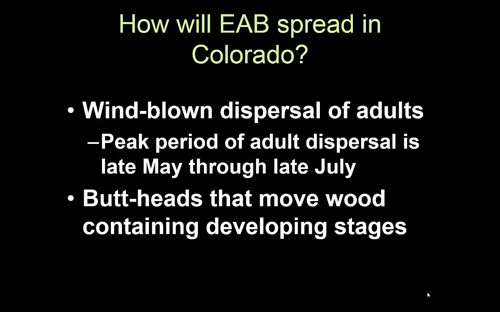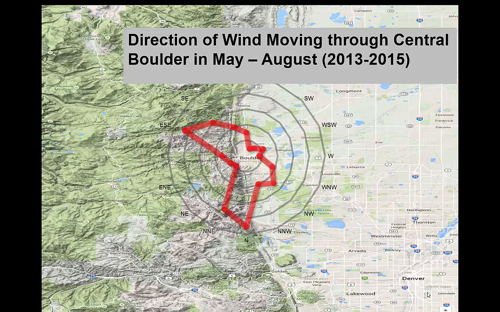It's also going to be spread by people who move wood containing developing stages, and that's always going to be a problem. I think it is interesting to speculate on how it might spread and the rate of spread that might occur naturally by looking at the wind patterns that come out of the currently infested area.